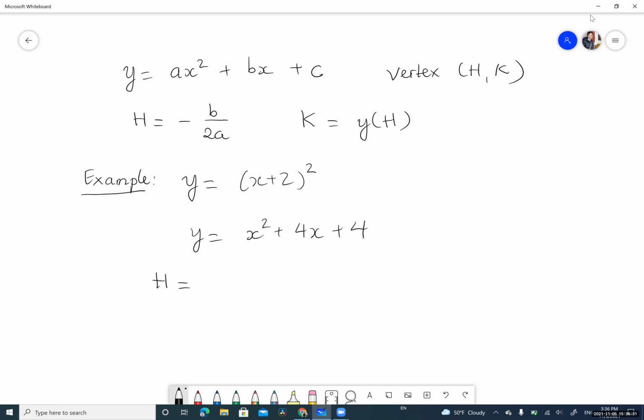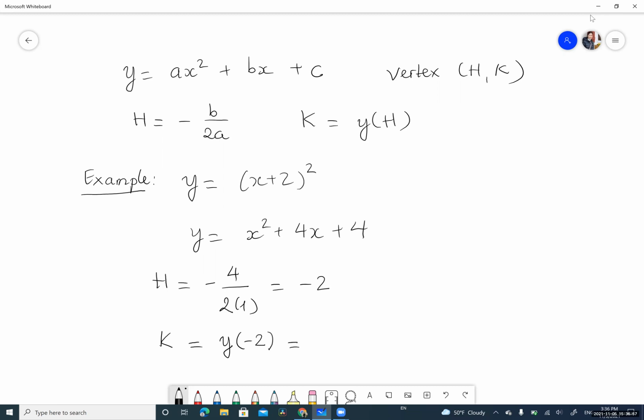First I find h. The h will be negative b, which is 4, over 2a, where a is 1, so 2 times 1. Simplified, I have negative 2. After I have h equal to negative 2, I will find k. K will be the y value at h equal to negative 2.